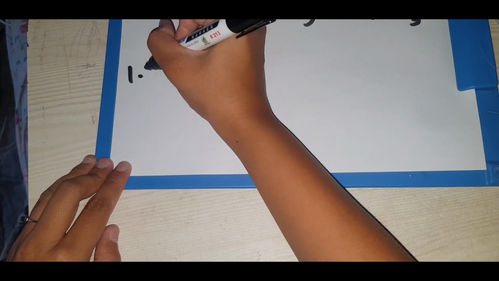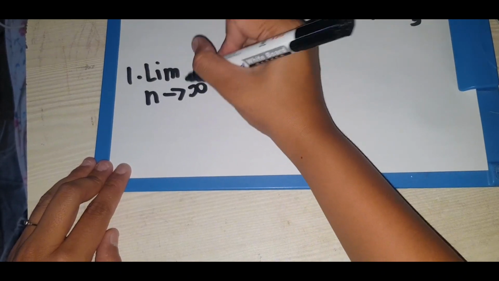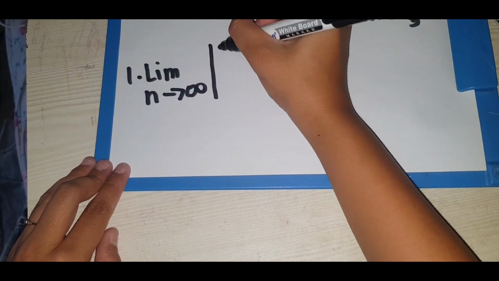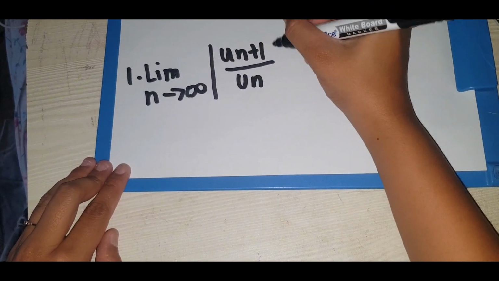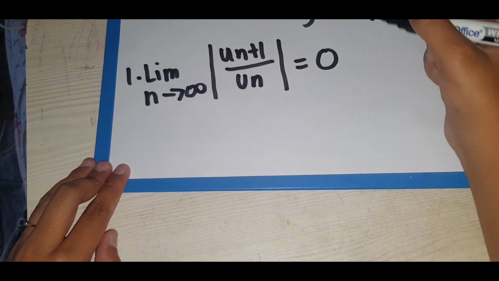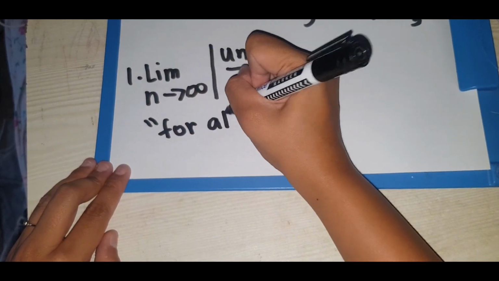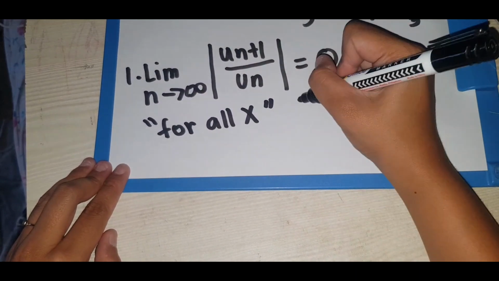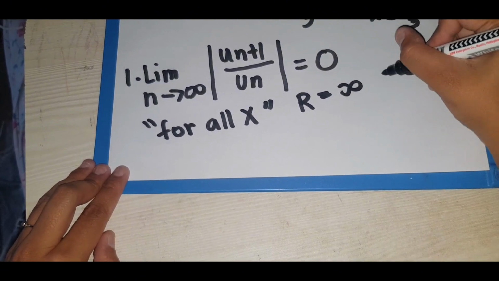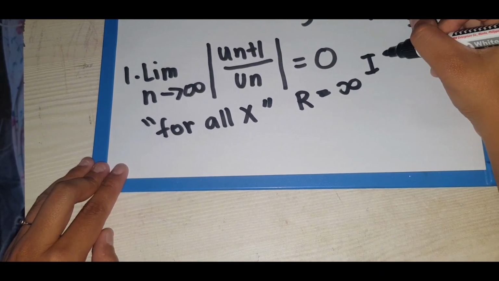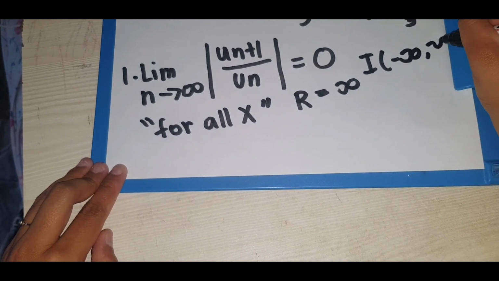There are three conditions in power series. The first one is the limit as n goes to infinity of the absolute value of u sub n plus 1 over u sub n is equal to 0. This says that for all x, the radius is equal to infinity, and the interval is negative infinity to positive infinity.